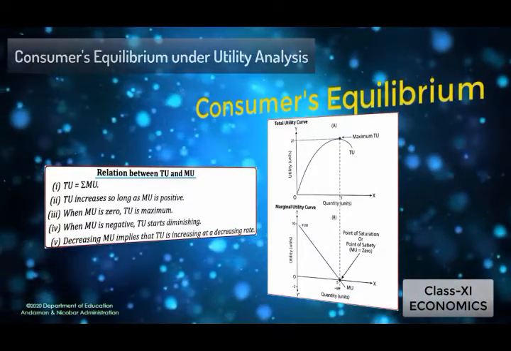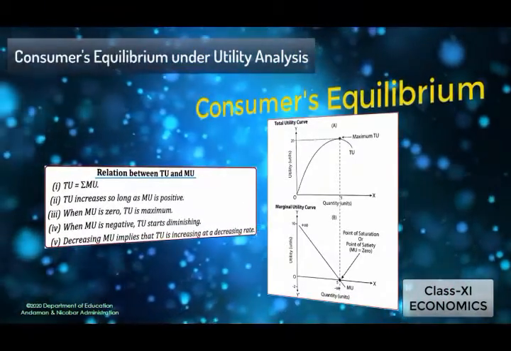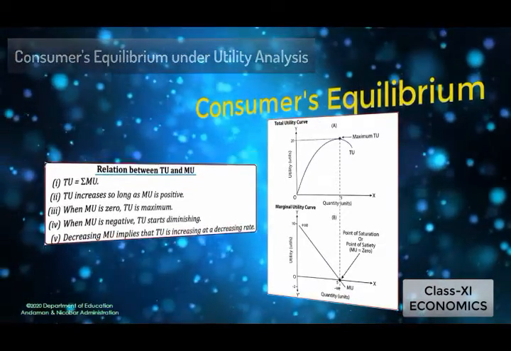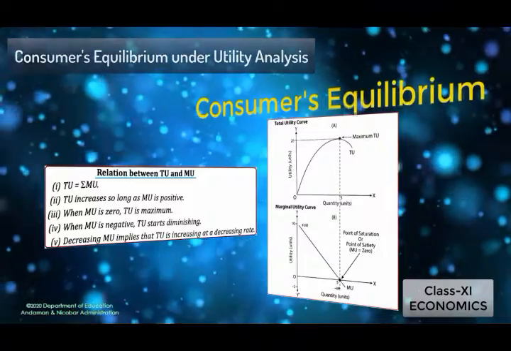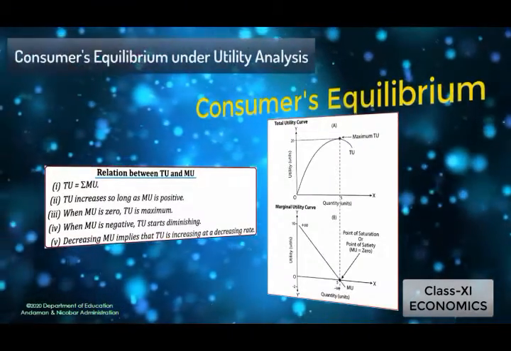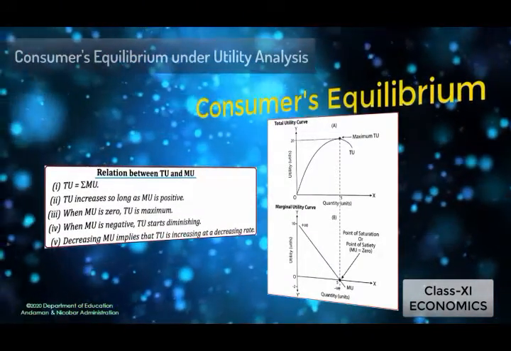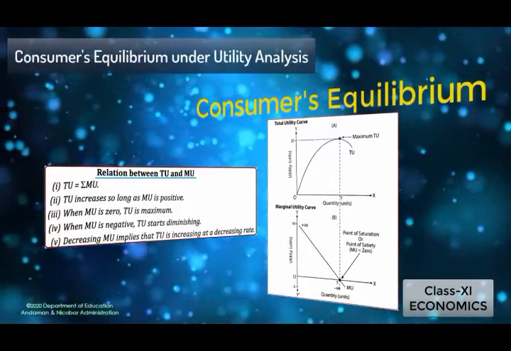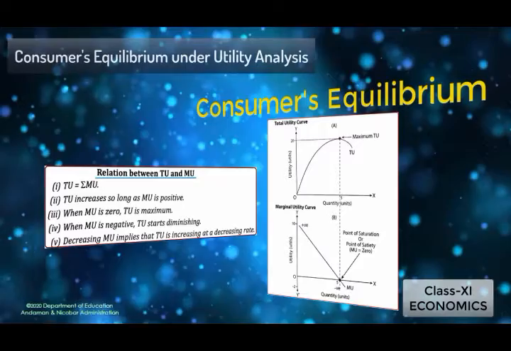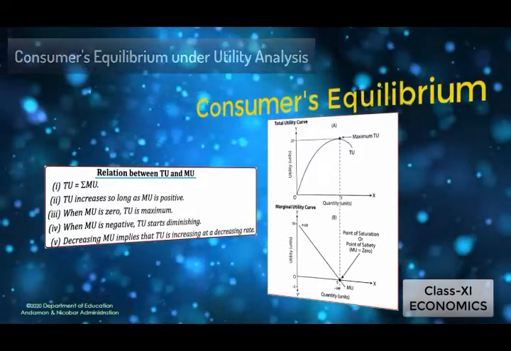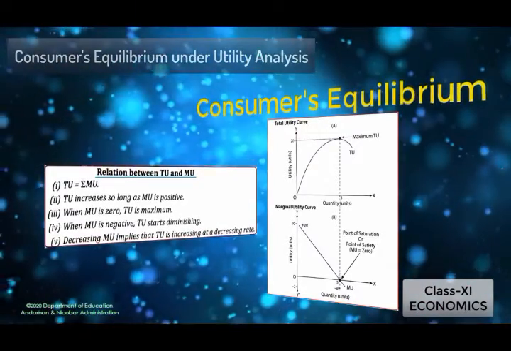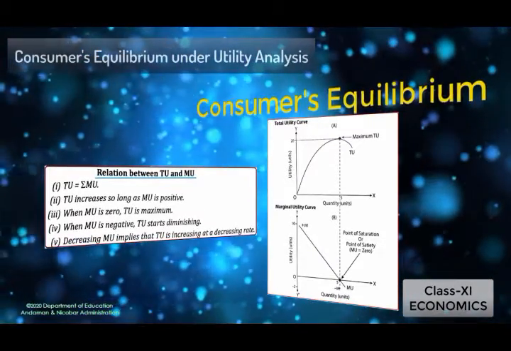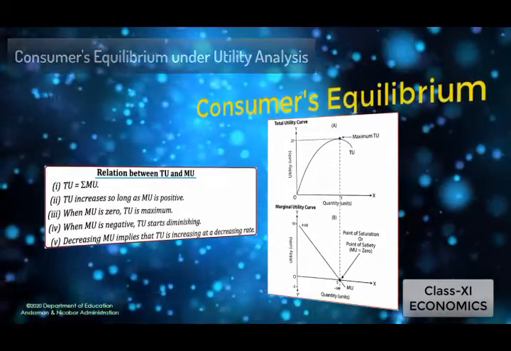Diminishing MU implies that TU is increasing at a diminishing rate. Students, here we have one more question: at which rate does TU increase when MU is diminishing? We can answer from the given diagram: when MU is diminishing, TU increases at a diminishing rate.